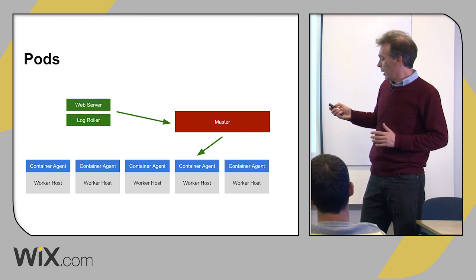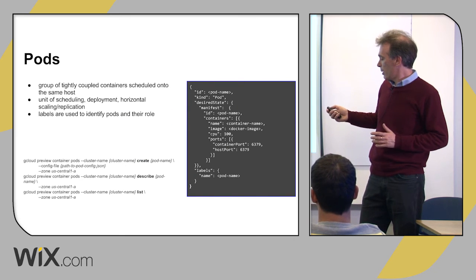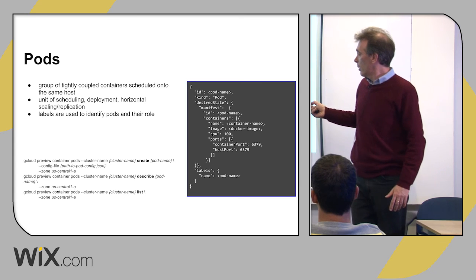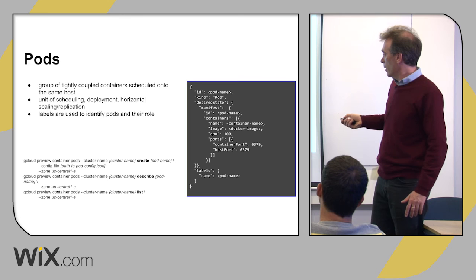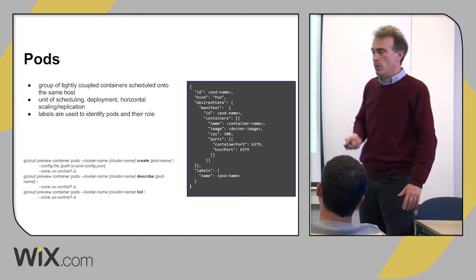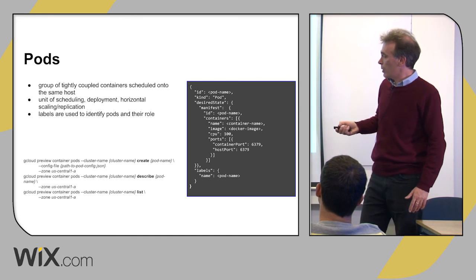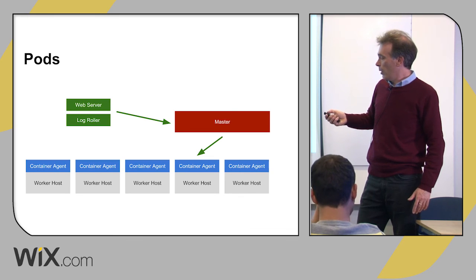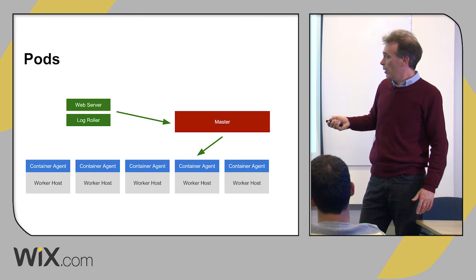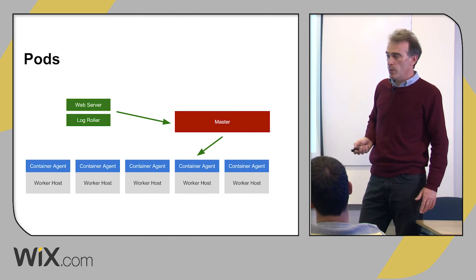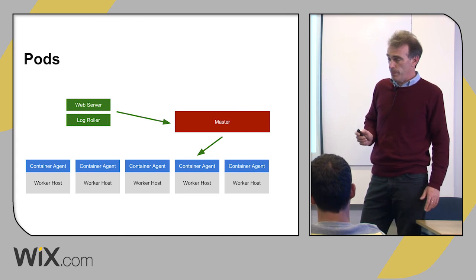But when you create your pod, this is an example of a configuration file. You provide a list of containers. You can use one container, or you can stack them together. Container Engine and Kubernetes will promise you that both these containers will be deployed together.